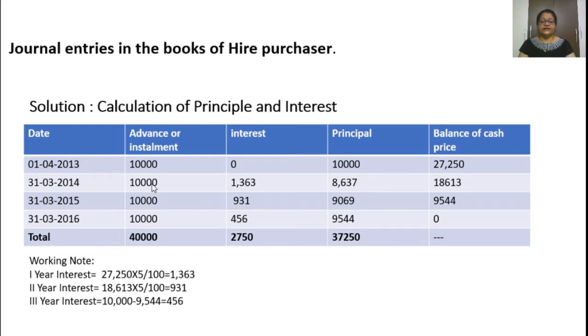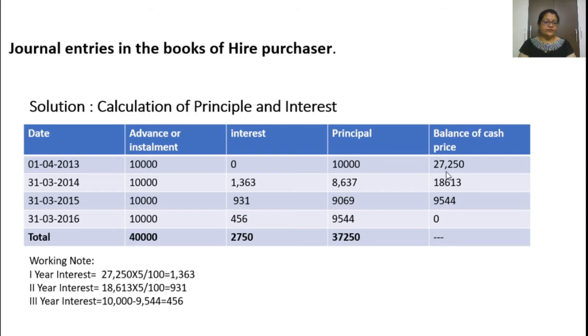Then the first year installment. At the end of the first year you have to calculate the interest. Interest is calculated on the outstanding balance, that is 27,250. 5% of 27,250 is 1,363. From the installment amount, if you deduct interest, the principal amount comes.